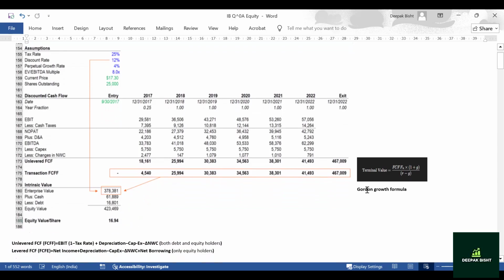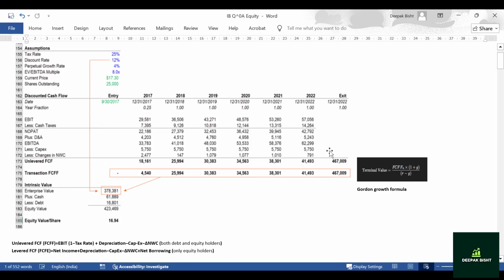And why does terminal value matter? Because in most cases, terminal value dominates the enterprise value calculation. The first reason is that the forecasting period is short relative to the company's expected life, and cash flows often grow modestly in the forecast period, but are assumed to continue indefinitely afterwards.